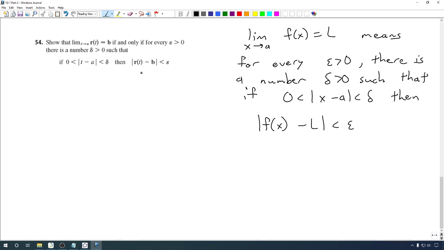That's how we want to say those two vectors are close to each other. So this is saying that as t gets close to a, then r of t gets close to b. And that's what it means for the limit of this vector valued function to be b as t goes to a. So we're just measuring closeness using magnitudes rather than absolute values. At least for the vectors over here, we're still using absolute values for the real numbers t and a.